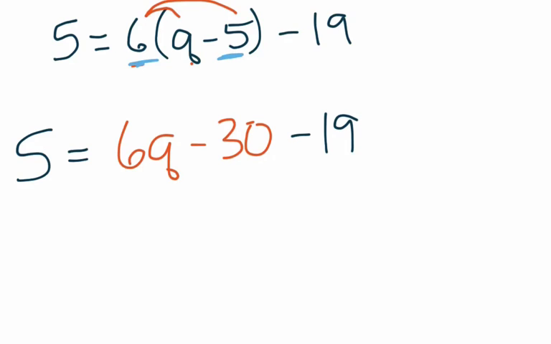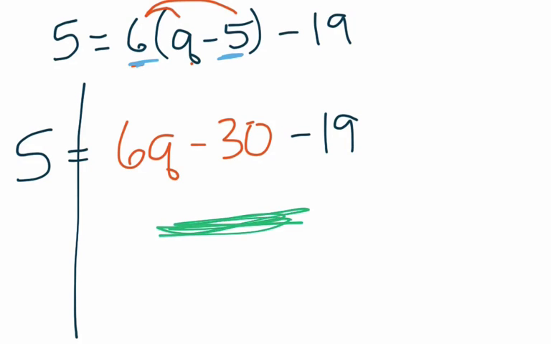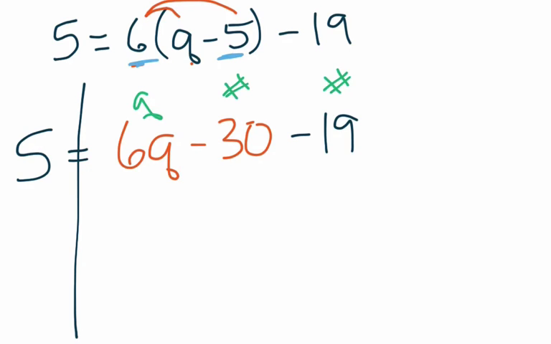I'm looking here at both sides of the equation. On the left side, is there anything that I can put together? And I have a q, I have a number, and I have a number. So I can put my two numbers together. So I'm going to put negative 30 and negative 19 together. In your calculator, if you take negative 30 minus 19, you'll get negative 49.